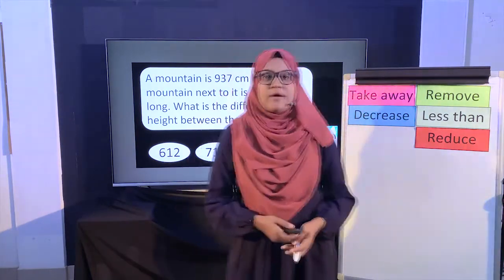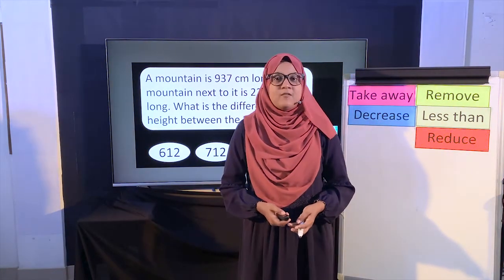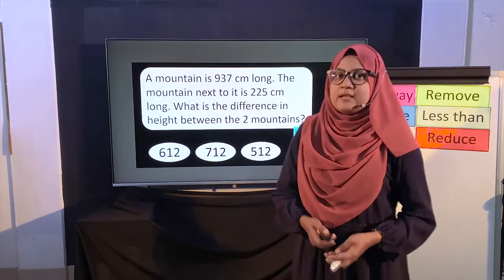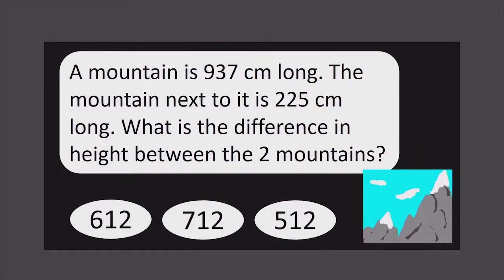First of all, we are going to read the question again and let's see what is the vocabulary related to subtraction. Here it says a mountain is 937 centimeter long. The mountain next to it is 225 centimeter long.